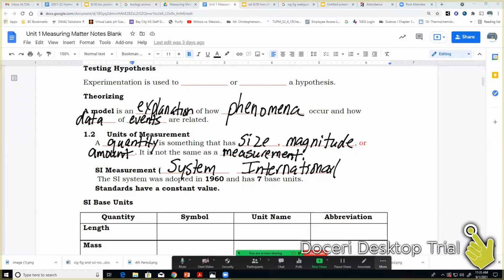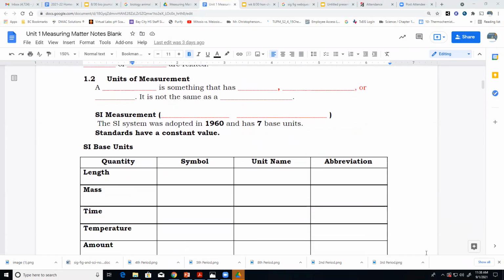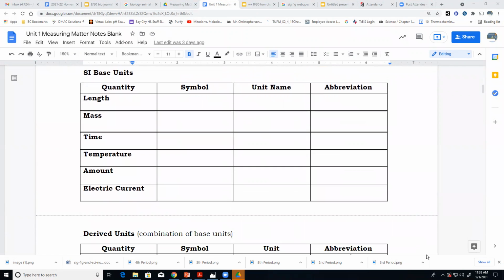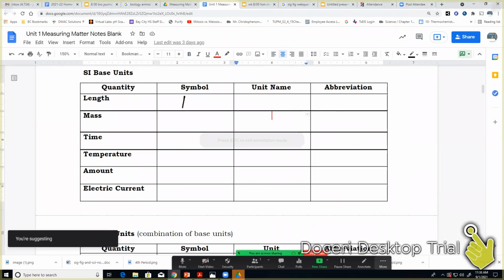So there are 7 standards, and a standard has a constant value, and then everything else is built around that. So the 7 standards for the metric system, we're going to look at those. We won't use all of them in chemistry. The first one is length. L would be the symbol.